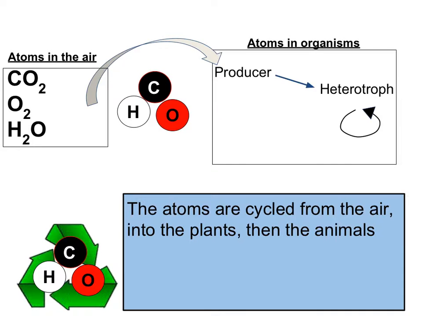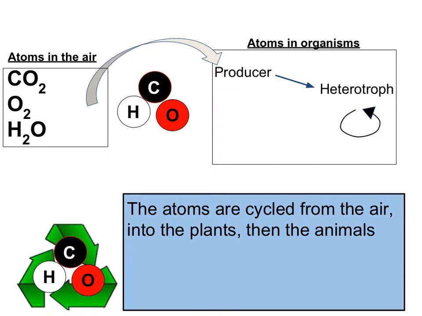Let's say, the perfect example from earlier, a chicken eats some grain that is from a plant. So now it goes from the grain, the plant, into the chicken, and then you eat the chicken. That's what this circle is about. Or maybe a fox eats the chicken.